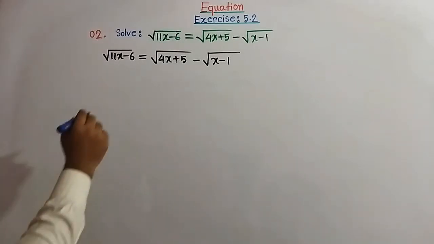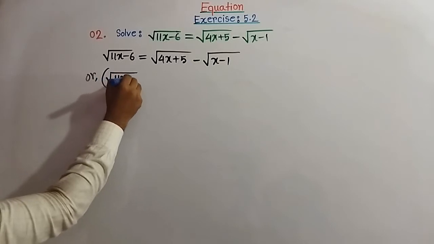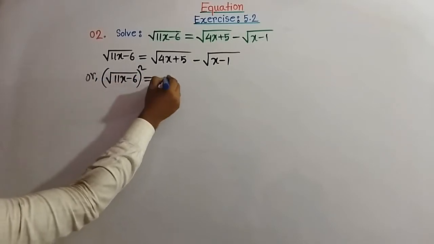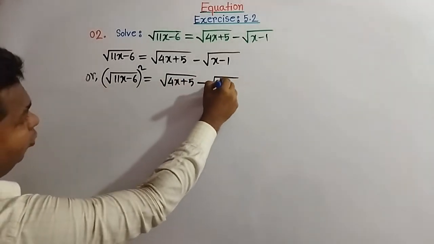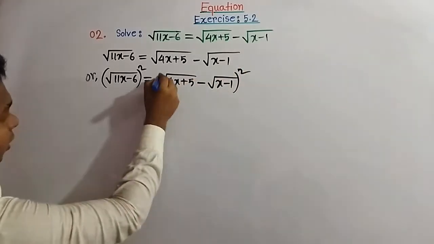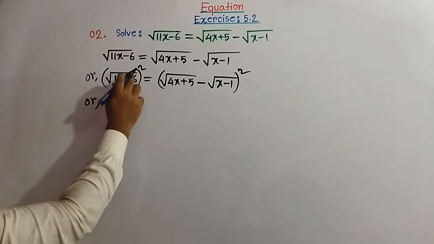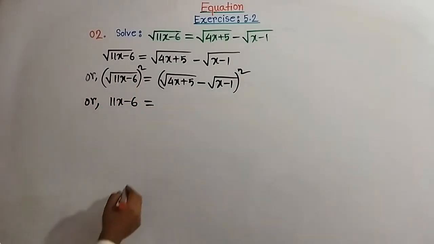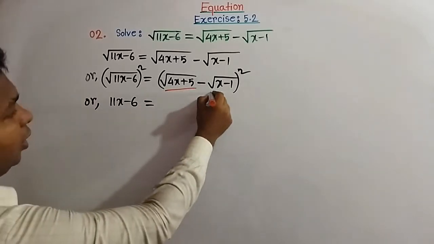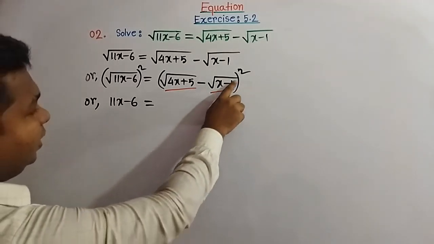So by squaring on both sides, we will get (√(11x − 6))² = (√(4x + 5) − √(x − 1))², or (√(11x − 6))² = 11x − 6 equal to, here we compare √(4x + 5) as a and √(x − 1) as b, then (a − b)².